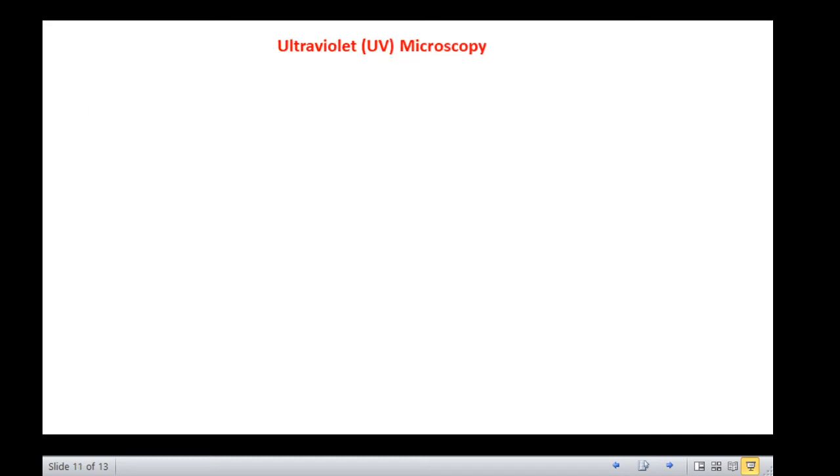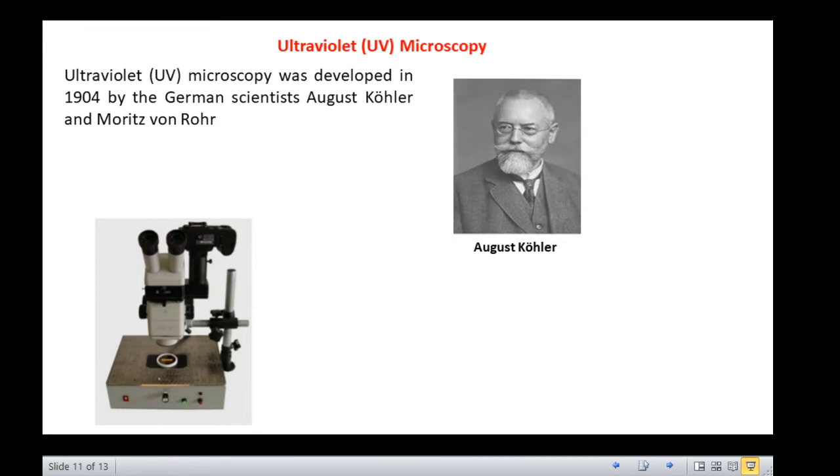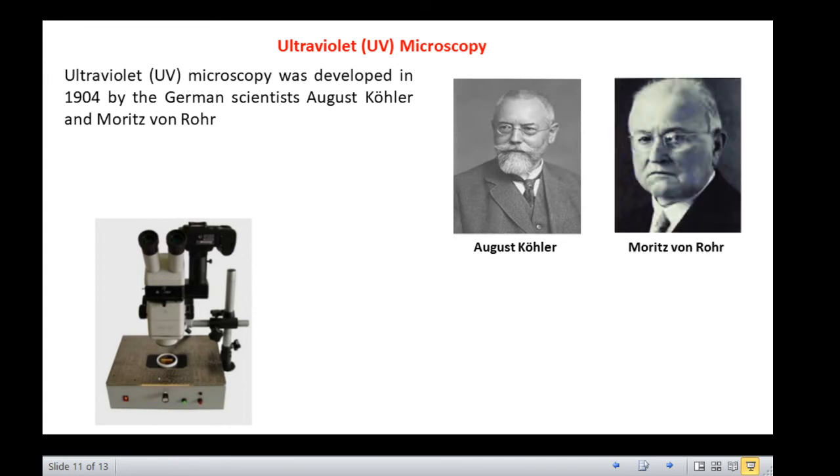Let us now discuss the next type of microscopy, the ultraviolet microscopy. Ultraviolet microscopy was developed in 1904 by the German scientists August Köhler and Moritz von Rohr. They used UV light as source of illumination generated through a cadmium arc.